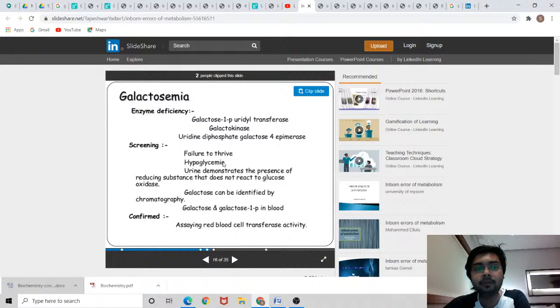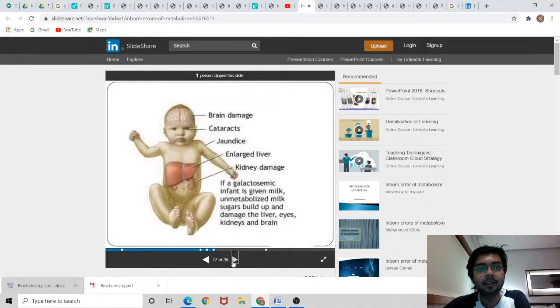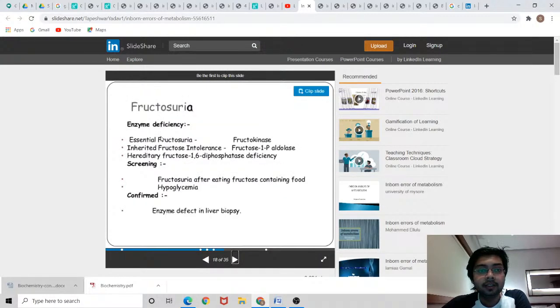Failure to thrive, hypoglycemia, and you can see galactose by chromatography in the urine. If a galactosemic infant is given milk, unmetabolized milk sugar builds up and damages the liver, kidney, eyes, brain and so on.